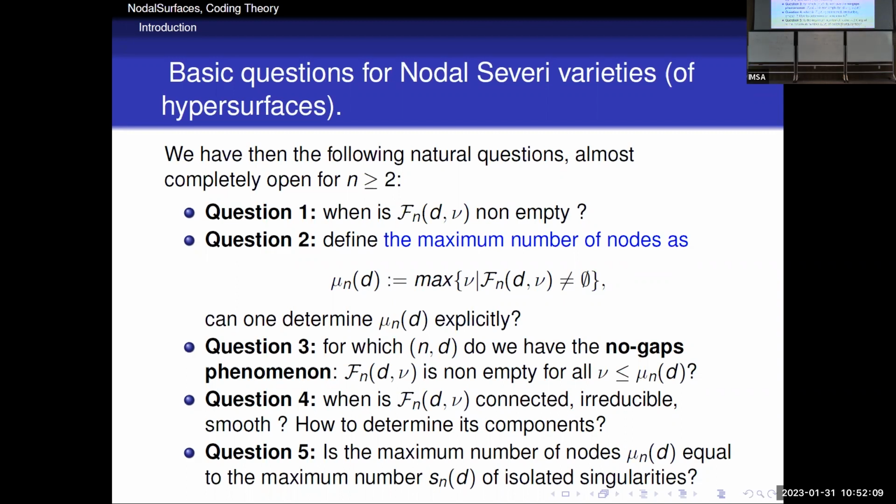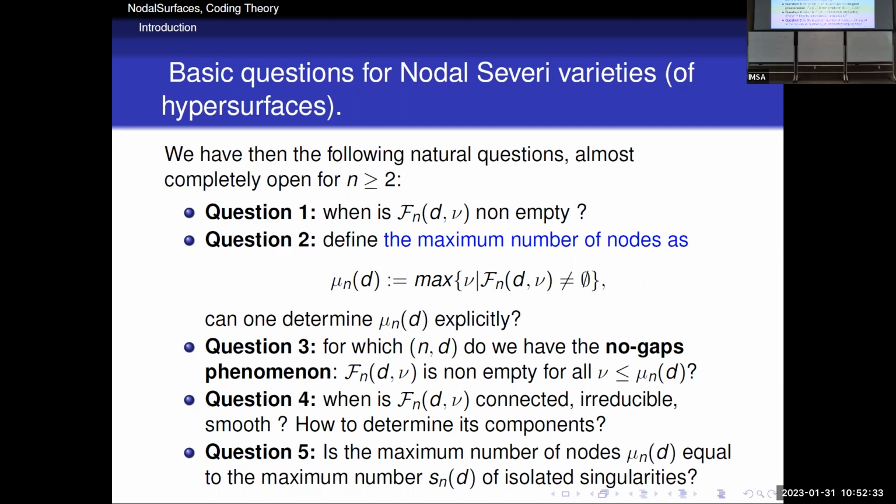So, when is this variety non-empty? What is the maximum number of nodes that a nodal hypersurface of degree d can have? We call it mu(n,d). So this is a maximal mu such that you have a nodal hypersurface with mu nodes.